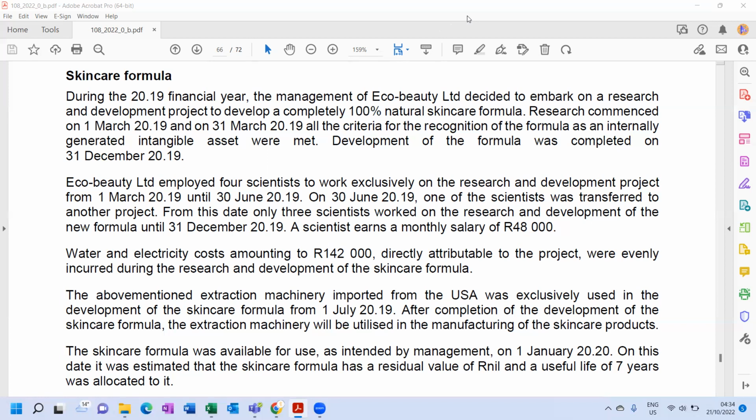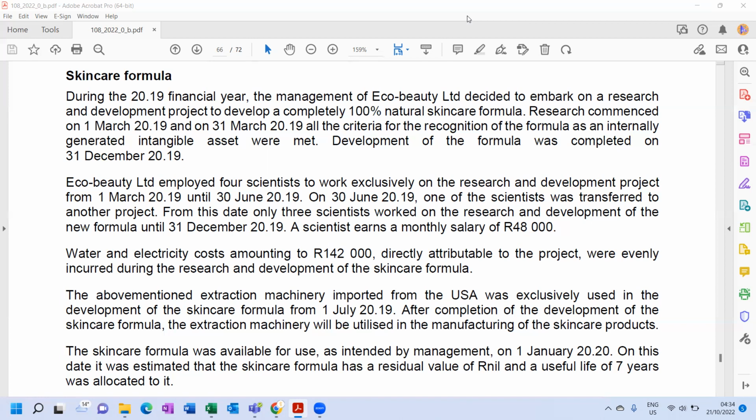And on 31 March 2019, 1 month later, all the criteria for the recognition of the formula as an internally generated intangible asset were met. Development of the formula was completed on 31 December 2019.